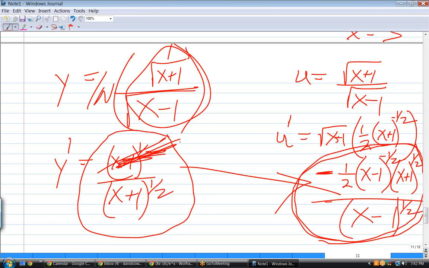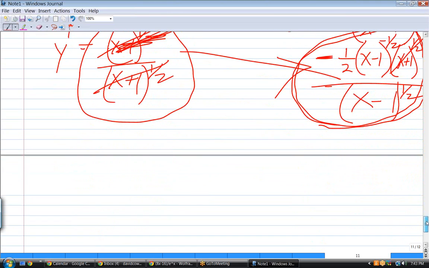Do you see how I was able to do that? I had an x minus 1 to the 1/2 in the numerator, and I had an x minus 1 in the denominator. Those combine in the denominator. I have an x plus 1 to the 1/2 here, I got 1 over here, that cancels with that. So the simplification process was not nearly as tough as it looked like it might be.